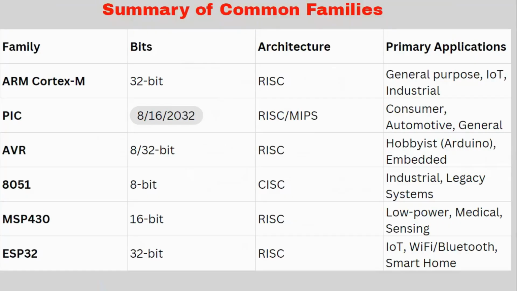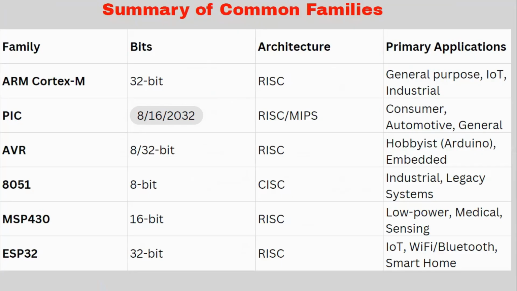Now we'll have a small summary of common families, that is, what are the different families present in microcontrollers. The first one is ARM Cortex-M. That is a 32-bit microcontroller. It belongs to the RISC architecture, and it is used for general purpose, IoT, industrial automation. Whereas the second family is PIC.